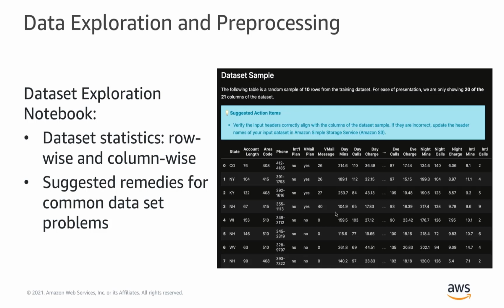So for the data exploration side, it actually gives you the detail of the data set and the statistics, number of rows and columns, and maybe some suggested remedies as well in terms of what you can do if you were to come in again with a similar data set.